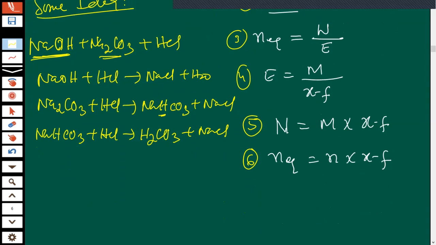This reaction is known as step 1, and this reaction is known as step 2. So this will complete in how many steps, children? 2 steps. That's why it is known as double titration. 2 endpoints will be required.